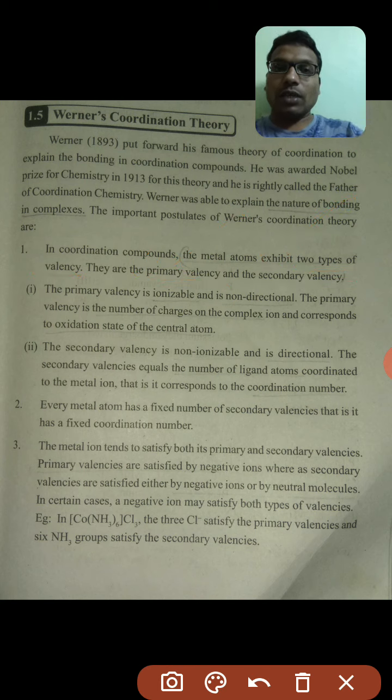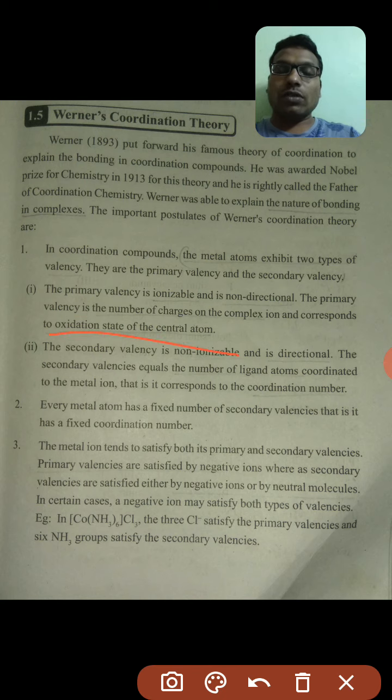The primary valency is ionizable and non-directional. The primary valency is the number of charges on the complex ion. It corresponds to the oxidation state of the central atom.